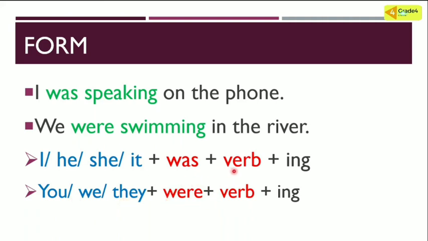You have to remember it. Then after that, plus verb, and then ing. For example, I, because it's I, we use was. So I was speaking, verb plus ing, speaking on the phone. And then the second sentence, we, because it's we, use were. We were swimming in the river. Good job.